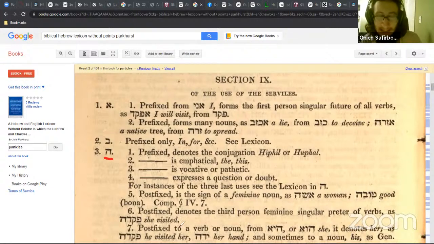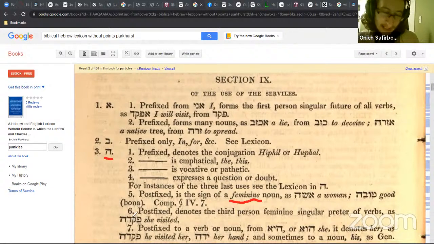If you add it at the end of a noun, it can make it into a feminine noun. It can also make it into a verb. She visited. Pached is "he visited," or a visit.